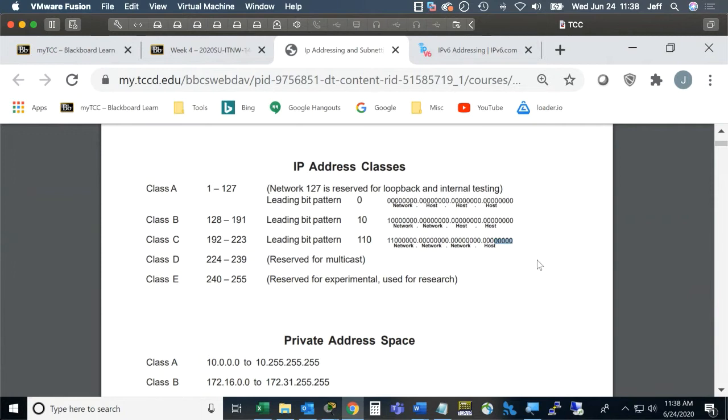So I've got 32 hosts available that are left, for each of the 8 networks. So I took a network that had 1 network and 256 hosts, and I'm borrowing the first 3 bits, and I'm creating 8 networks, each with 32 hosts, right?